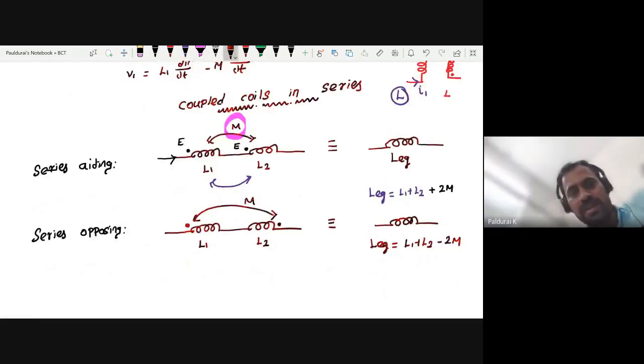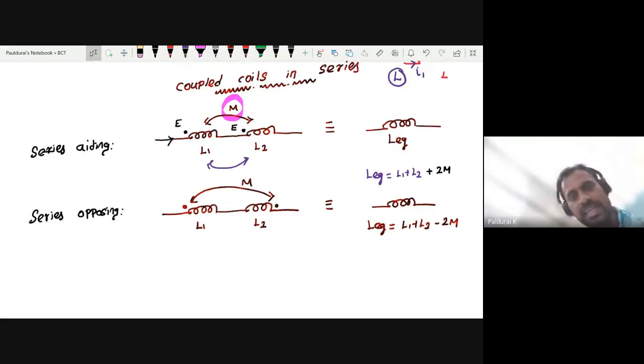Both may be entering or both may be leaving. Let me choose another color. Here leaving, here leaving. That is case 2 actually. Or one is entering, another one is leaving, or this is entering, this is leaving. Even then the formula is the same. So in series aiding there are two connections.